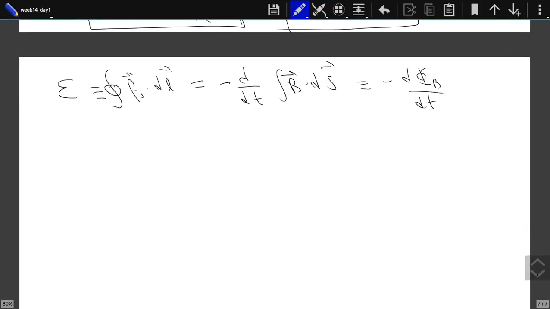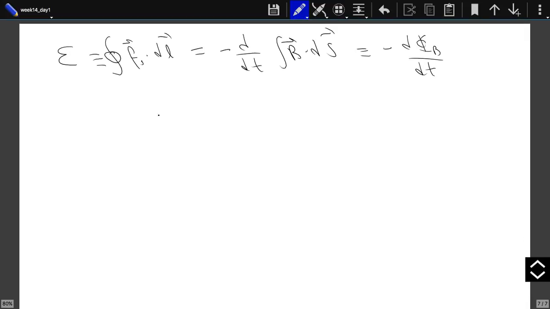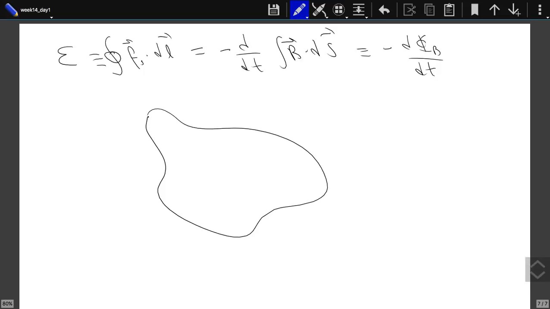Now, of course, this is a result for a simple rectangular planar loop. But we can even generalize it to an arbitrary shape. Let's just imagine a loop of an arbitrary shape. We will be deforming it with time.